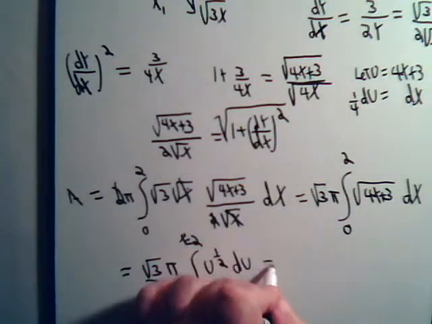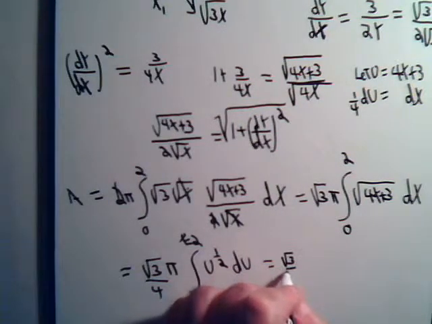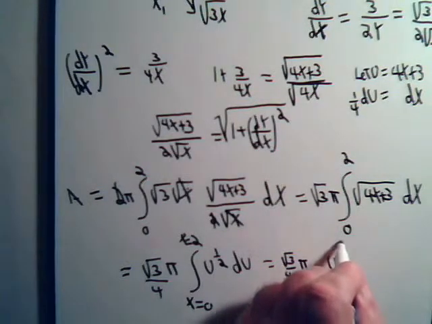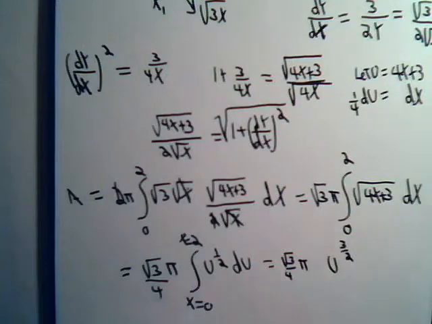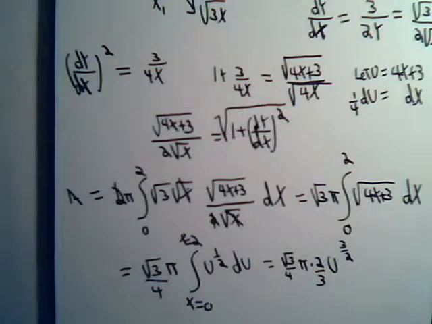So this will be equal to square root of 3 over 4 pi, and that's going to be, we add 1, so we're going to have u to the 3/2 divided by 3/2. That's times 2/3.